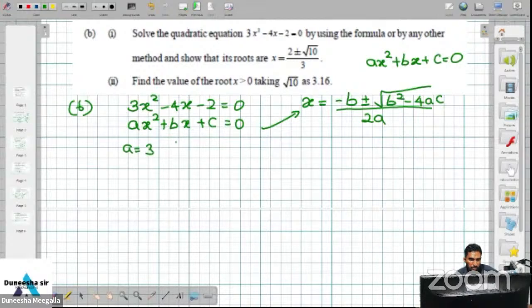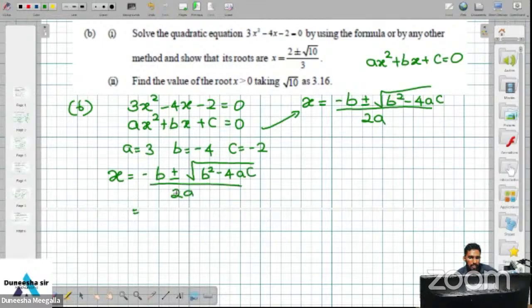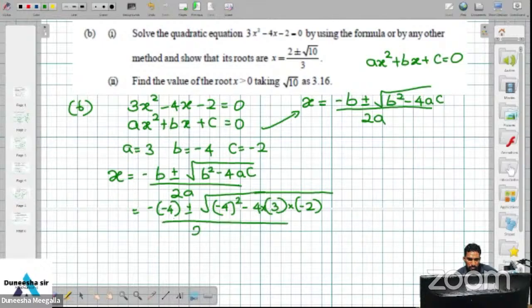a is equal to 3, b is equal to minus 4, c is equal to minus 2. x equal to minus b plus or minus the square root of b squared minus 4ac, divided by 2a. Minus minus is plus 4.